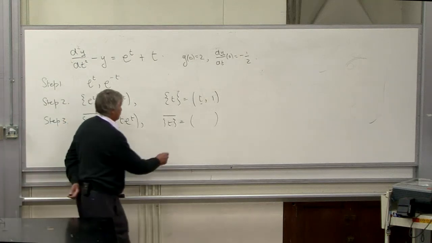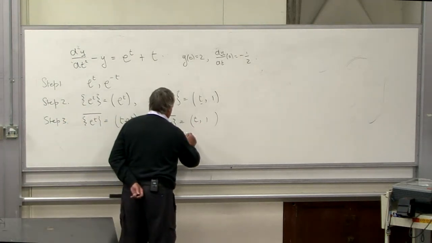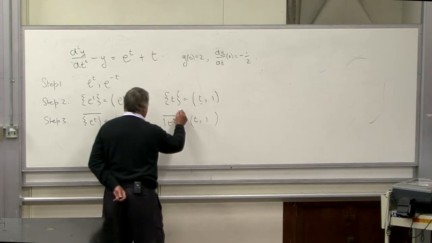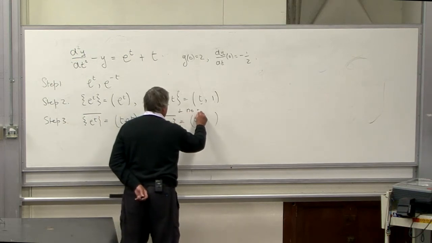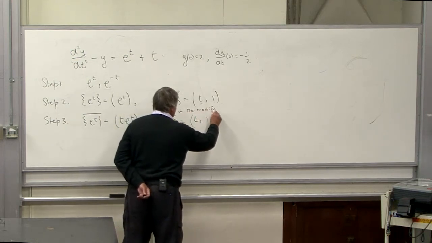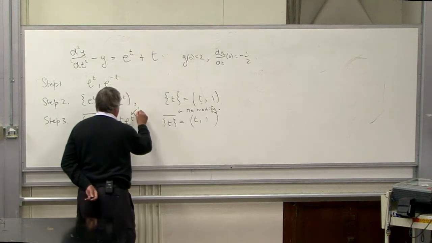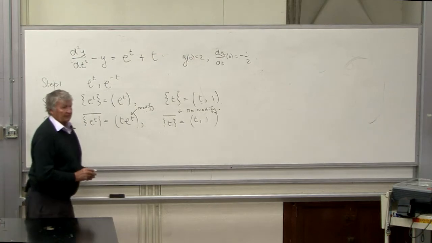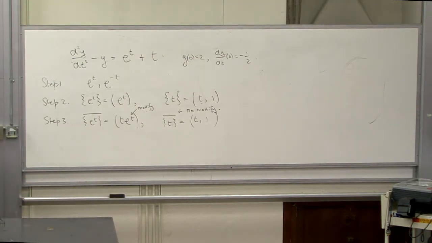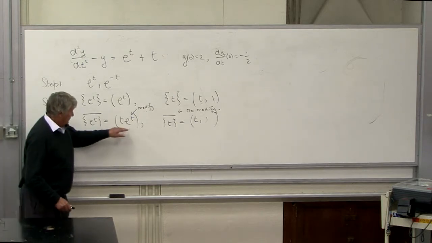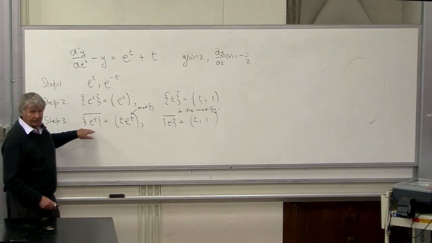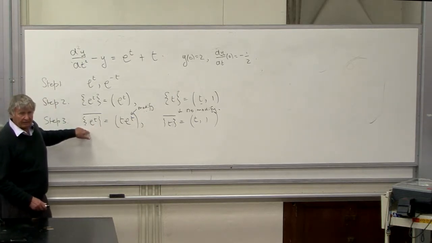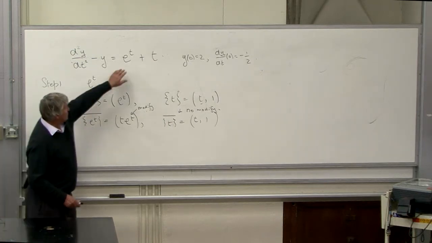No. So it's t and 1, so no modification here, and you have to modify here. When you multiply across by t, you only multiply the set of functions generated by that function separately.